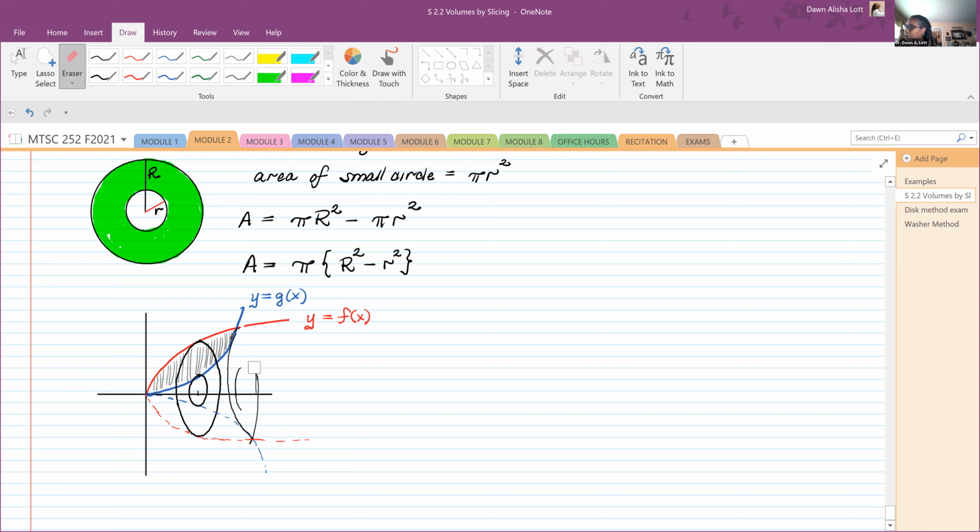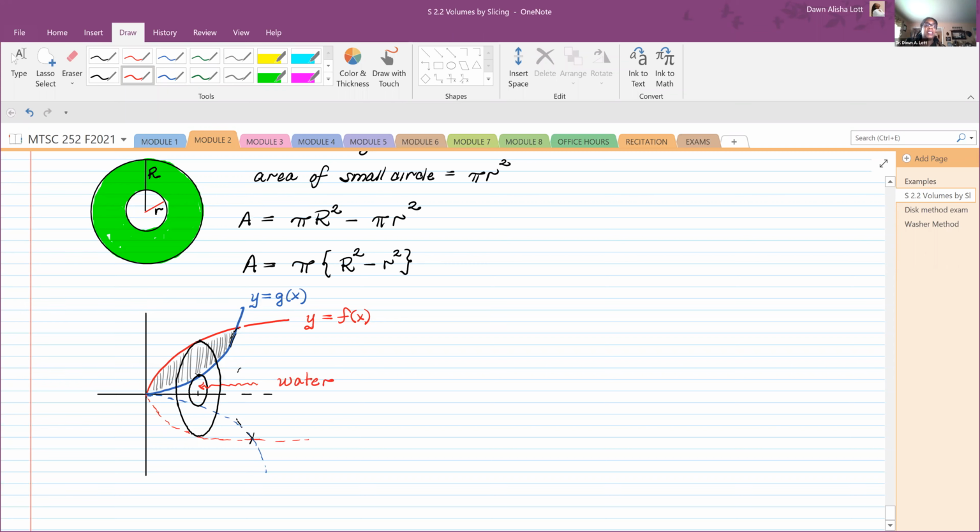So this thing can hold water. Washers hold water. So if you draw your circles and you see that you have a washer, it can hold water, then you will use the washer method.